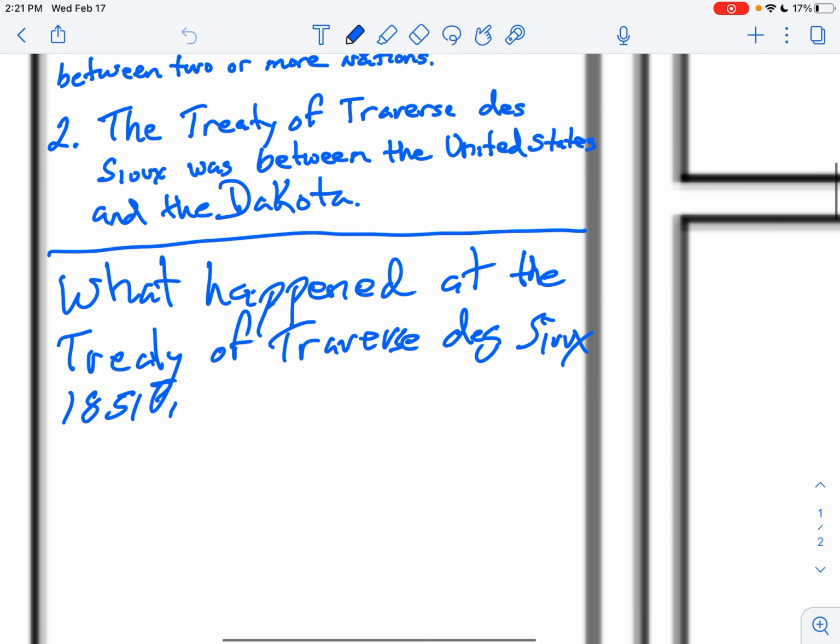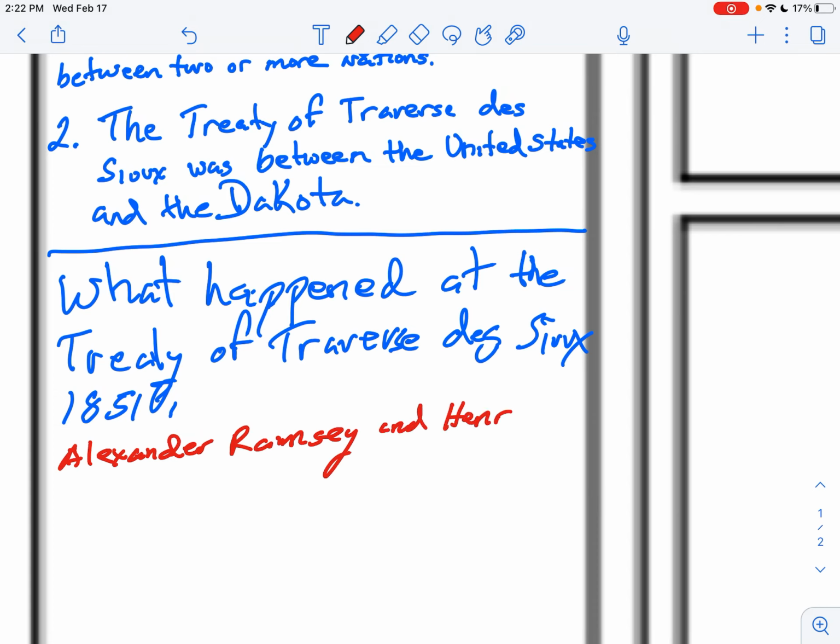We found out that Alexander Ramsey and Henry Sibley represented the U.S. government, United States government.